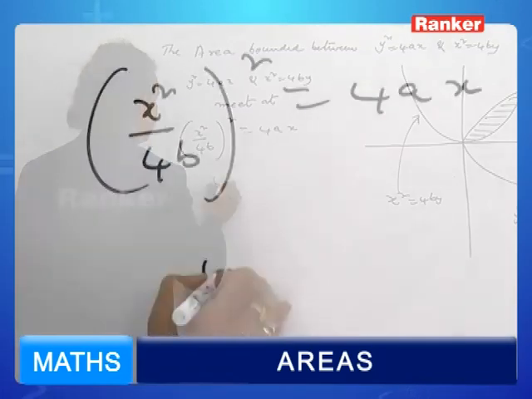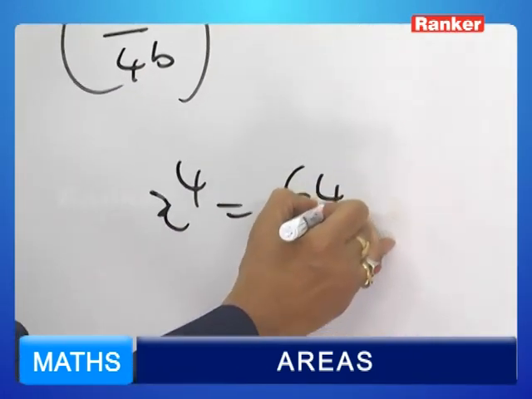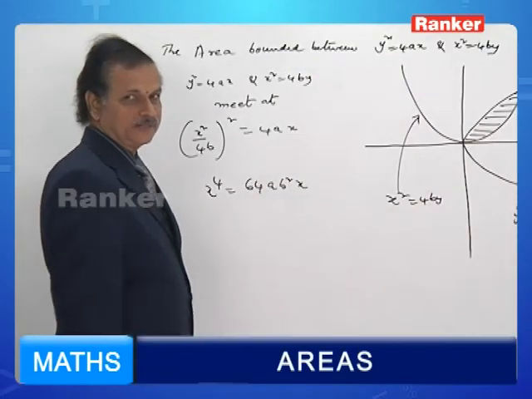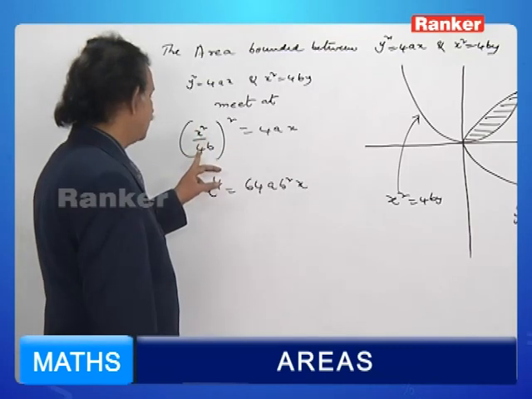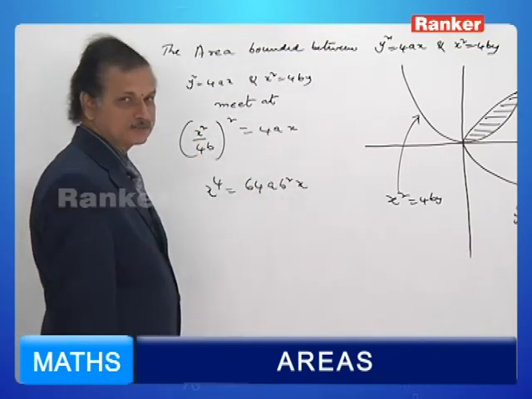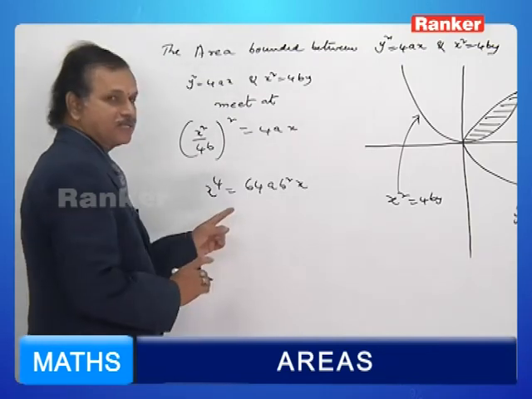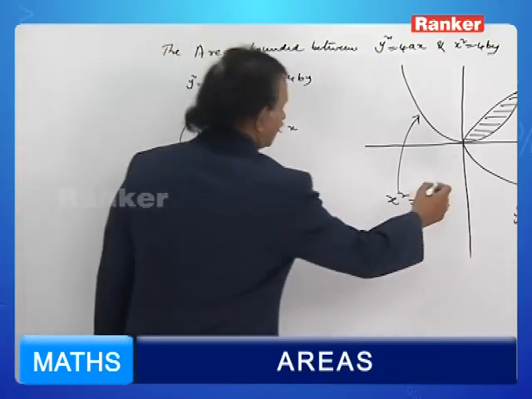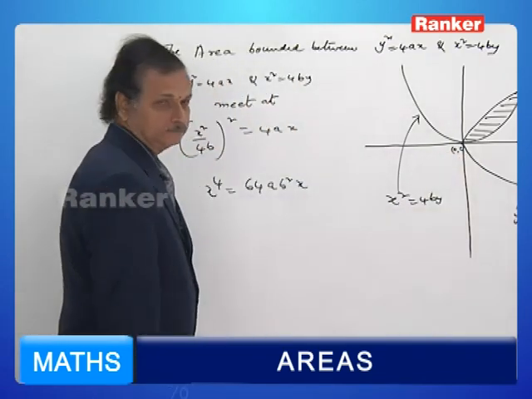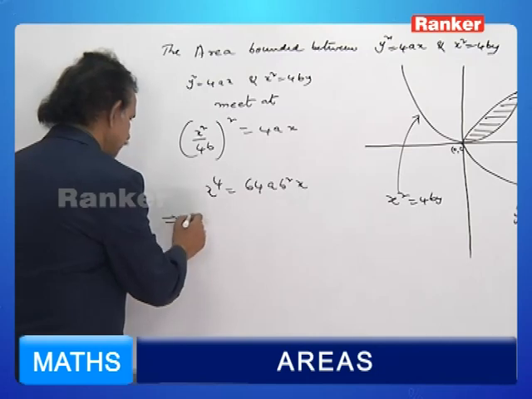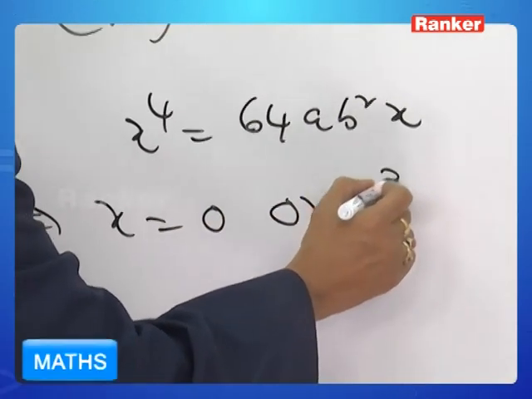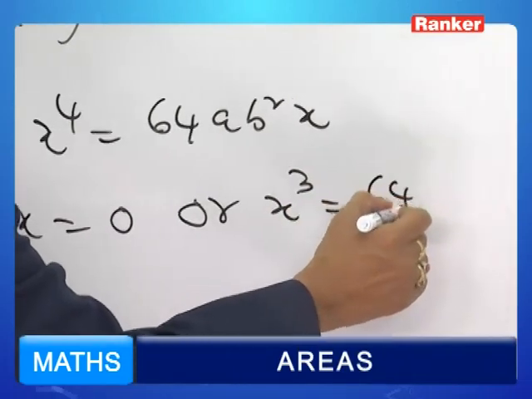That is, x power 4 is equal to 64ab square x. I think you could have followed. X power 4, 16b square. 16 into 4, 64b square, a into x. So, one option is there x equal to 0. If x is 0, automatically the point of intersection is 0, 0. Implies x is equal to 0 or x cube is equal to 64ab square.